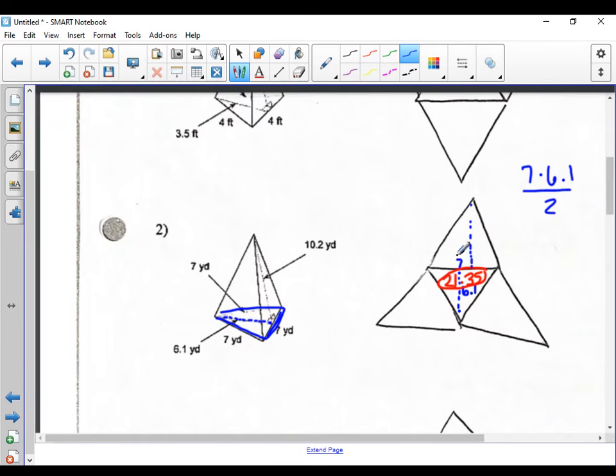I put a base of 7 right here. The height, though, is 10.2. 7 times 10.2 divided by 2. I get 35.7 when I did that. So all of the outer triangles are 35.7.